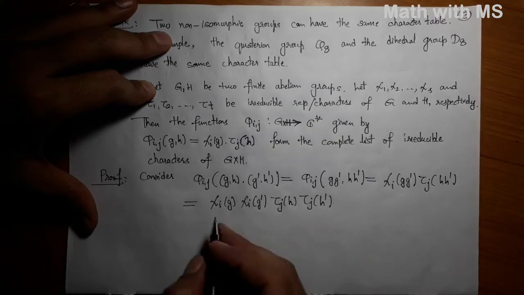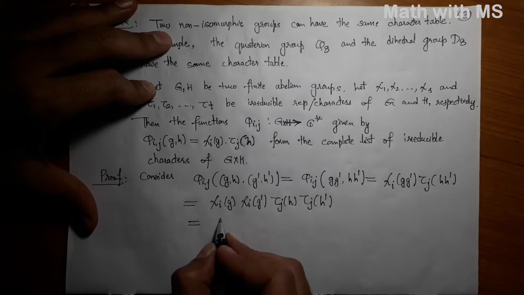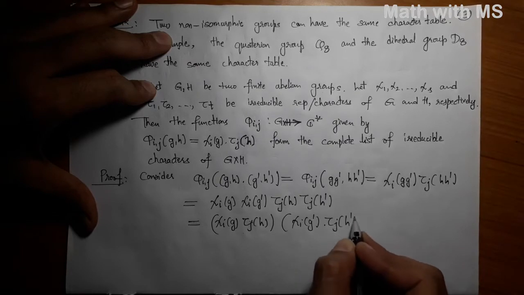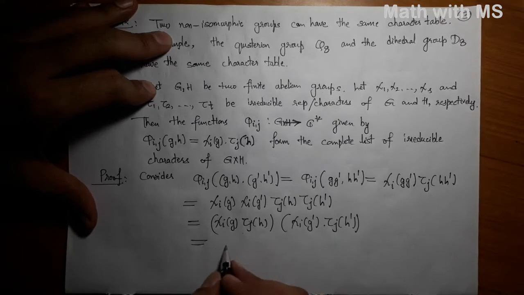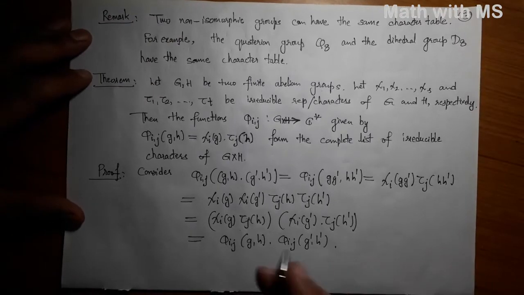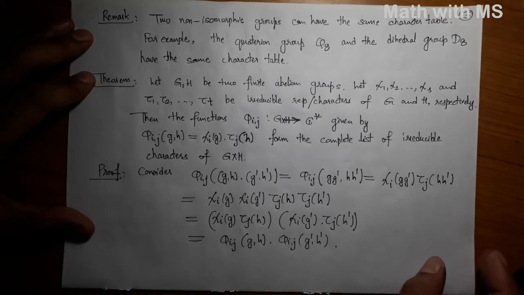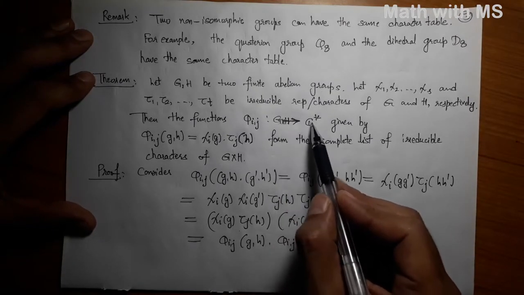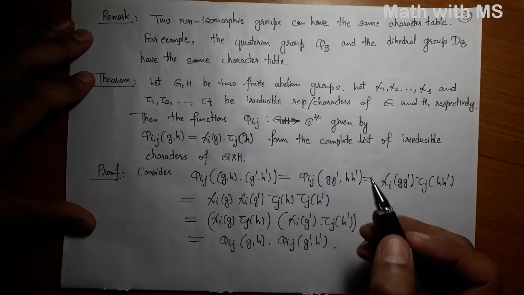Now you are in C star, which is abelian, so you can write it as chi i of g, tau j of h, times chi i of g', tau j of h'. But this by definition is phi ij of (g,h) times phi ij of (g',h'). So this shows that each of these phi ij is indeed a group homomorphism and therefore a representation of G cross H, and since it is one dimensional, it's an irreducible representation of G cross H.